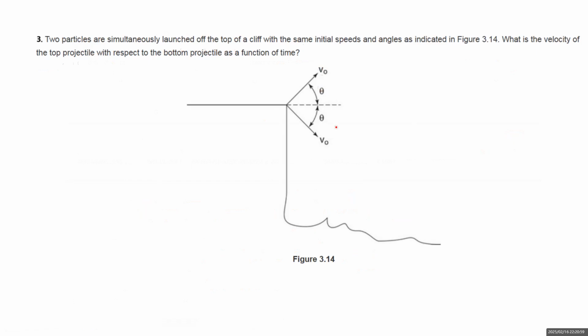Now look at this. They have the same initial speeds and equal and opposite launch angles. In the x component, they're going to be in tandem. They're going to be exactly the same. There's going to be no difference. In the y component, they're going to be equal and opposite.